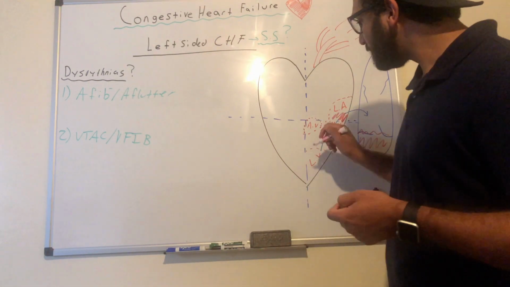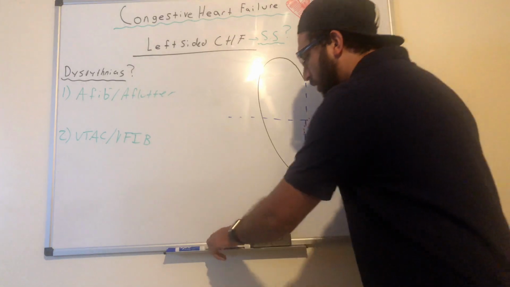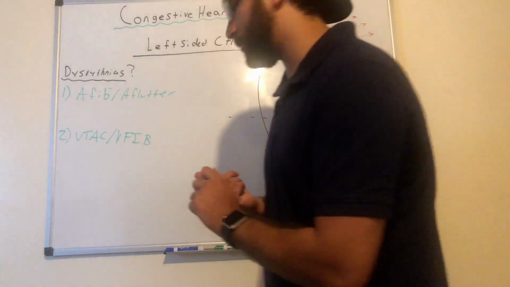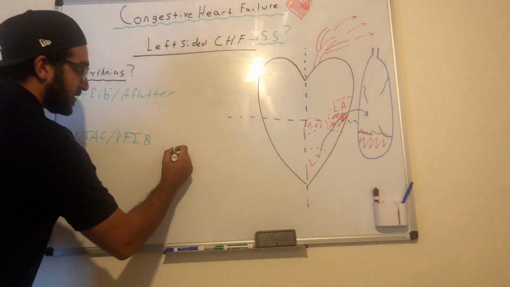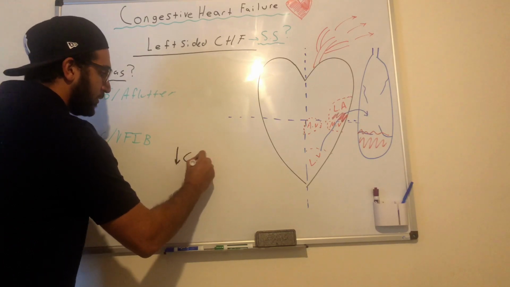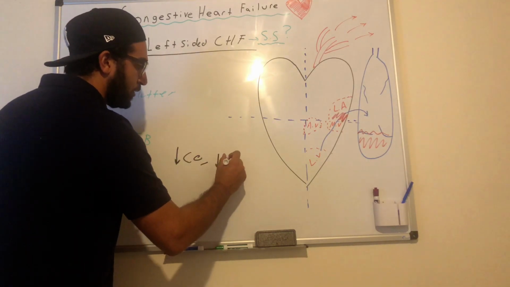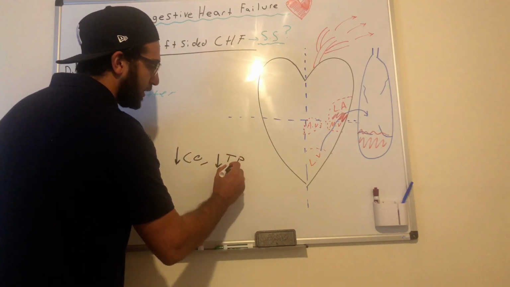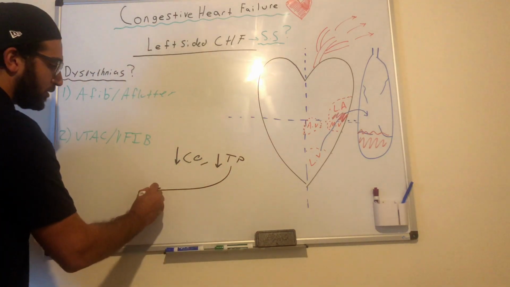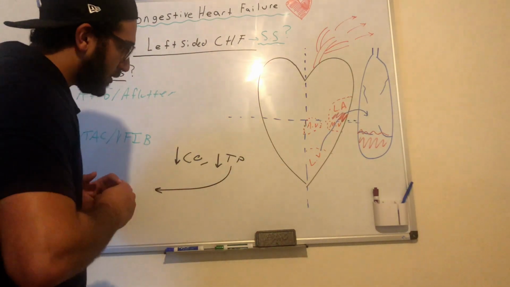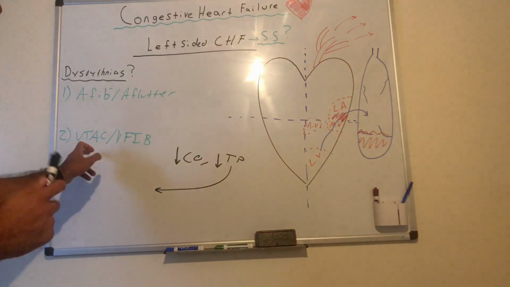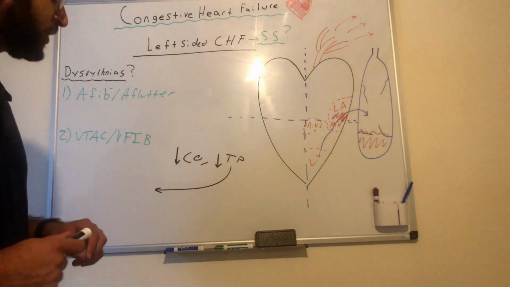How can ventricular tachycardia and ventricular fibrillation occur? Well, since there's low cardiac output and low tissue perfusion, this tissue perfusion is a major factor in why ventricular tachycardia and ventricular fibrillation occur.